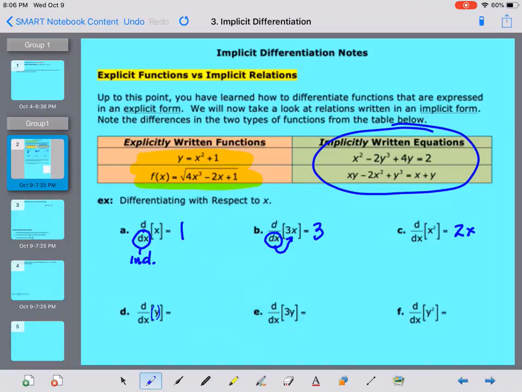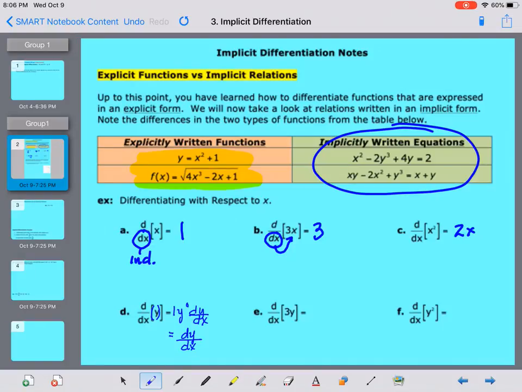So we apply the idea of the chain rule to this. We start exactly like we did with the chain rule: derivative of the outside. So we get 1y to the 0 times the derivative of the inside piece. We know that to be dy dx. And if we think about simplifying, y to the 0 power is 1. 1 times 1 gives us 1, which is why we get dy dx.